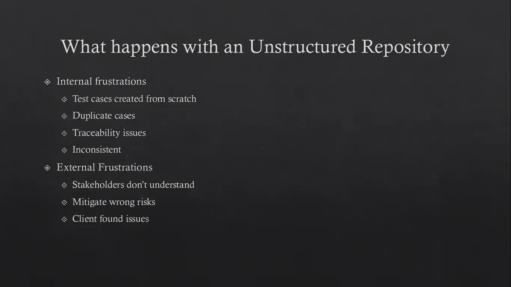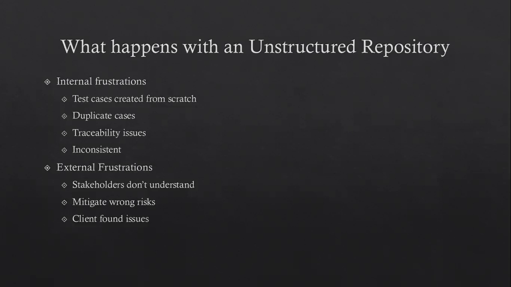Internally, most of the time, if it's not structured, maybe you're creating test cases from scratch for each project, which then creates duplicate or triplicate or more test cases that are testing the same thing. You now have traceability issues and inconsistency, even in Agile. Ensuring that you have a test case traced back to a user story or to a ticket is key to ensure that there's something that's reusable.